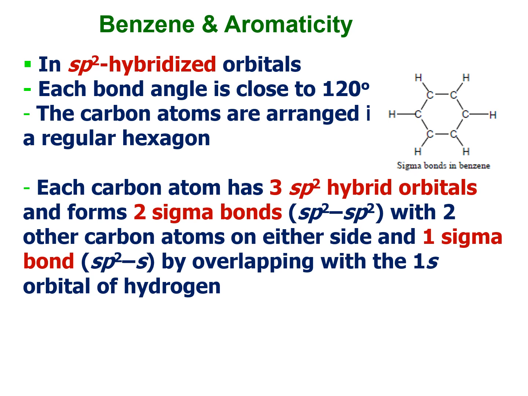So the hybridization of the bond between carbon and hydrogen is sp2-s, while the hybridization of the bond between carbon and carbon is sp2-sp2. So the atom itself is sp2.